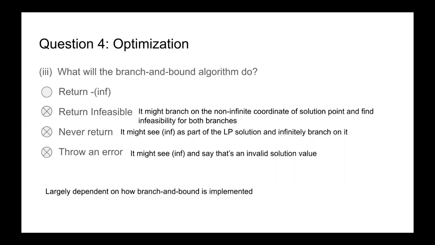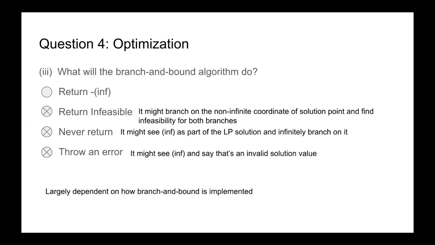Remember, for example, we saw in graph D that the two pink lines constraining the feasible region didn't have any values for y that were integer valued. So if we branched upon that y coordinate, then we would never find a solution because both branches would return infeasible.